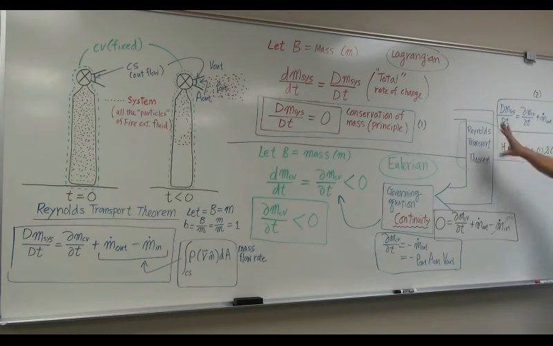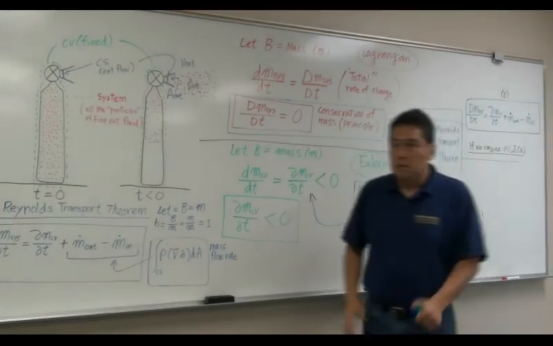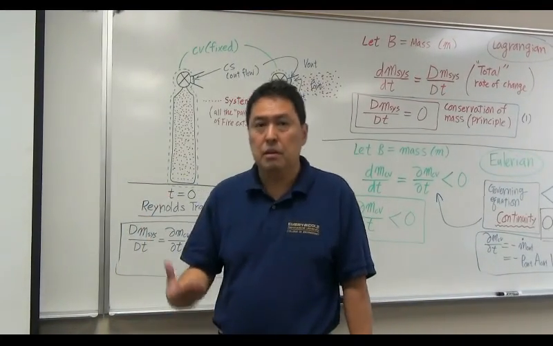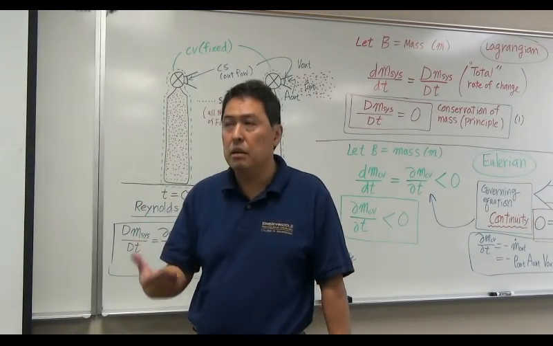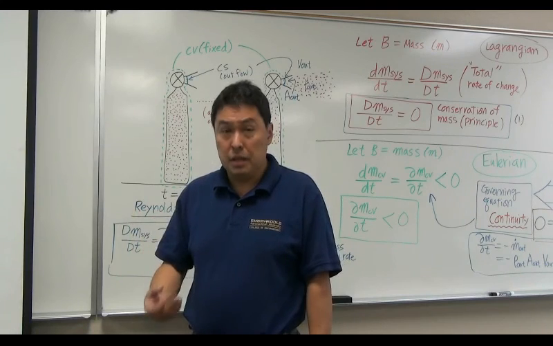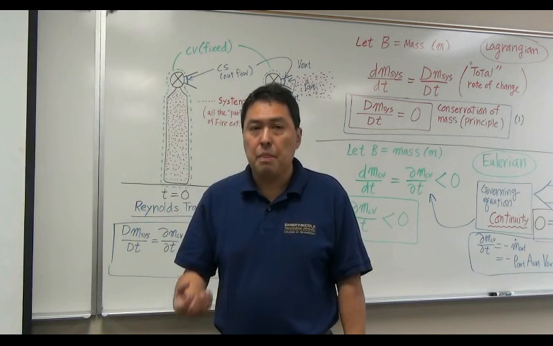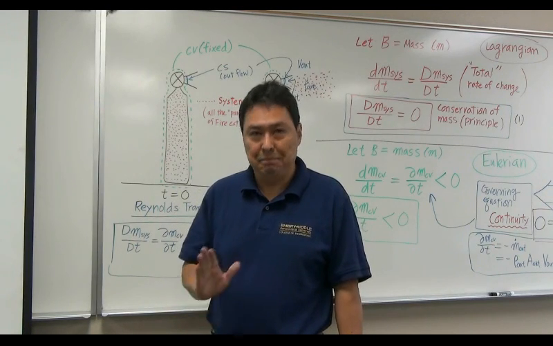This is a connector bridge between Lagrangian and Eulerian. I hope you pick up the basic concept. The basic concept of Reynolds transport theorem is behind everything in Unit D, control volume analysis, which is essentially the core of this fluid mechanics class. That's it.